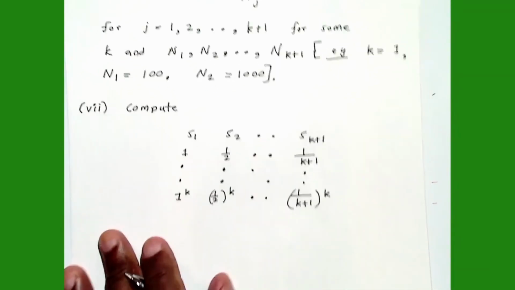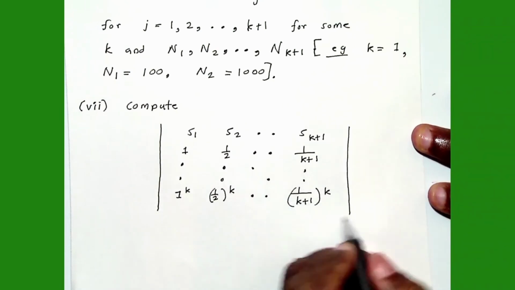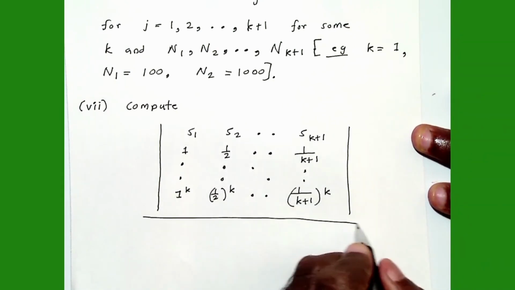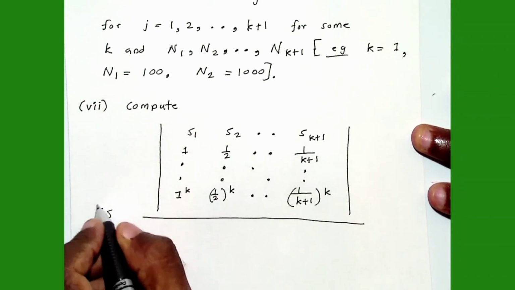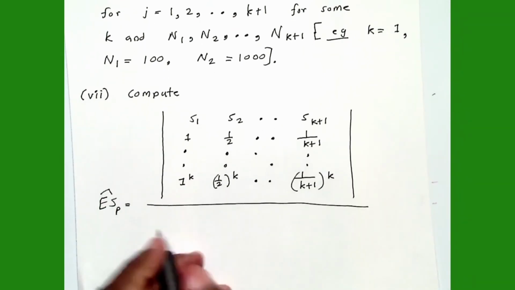So it's going to be the determinant of this matrix divided by the determinant of another matrix.